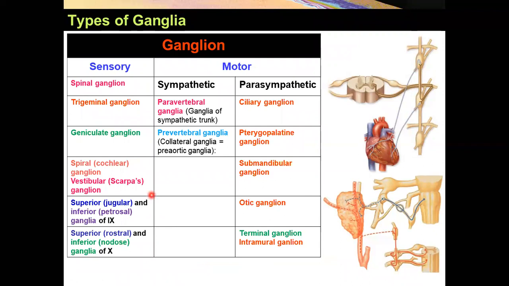Now let's talk about another element of the peripheral nervous system, the ganglion. This ganglion is a group of neuron cell bodies in the peripheral nervous system.